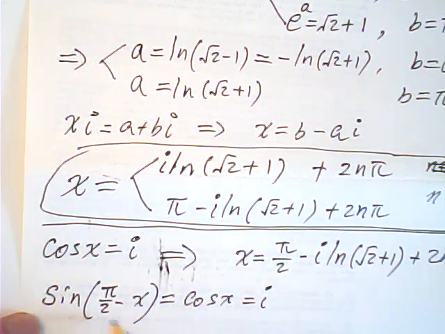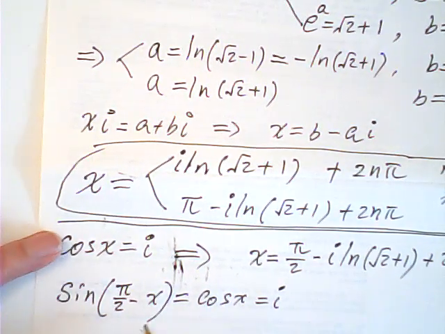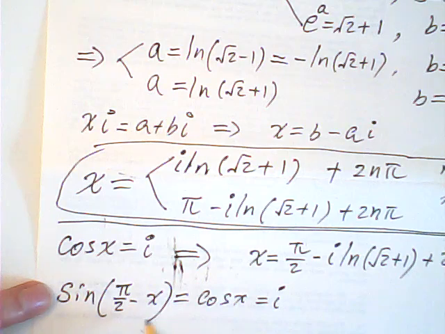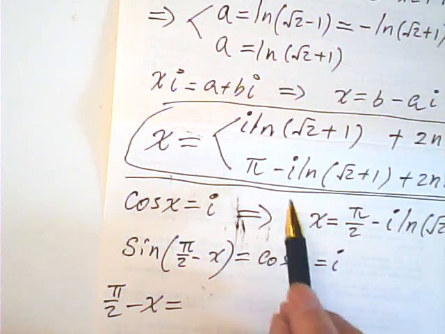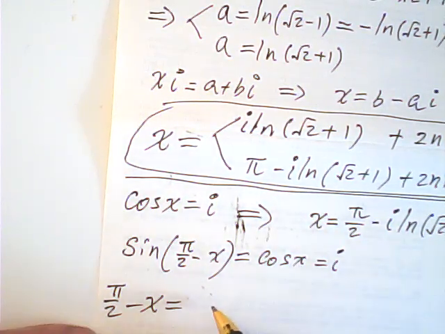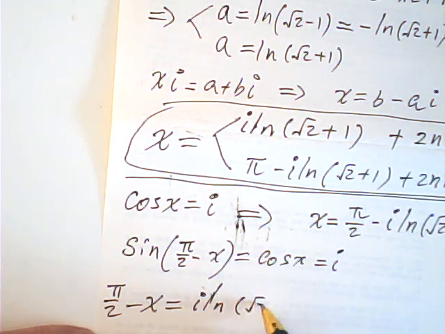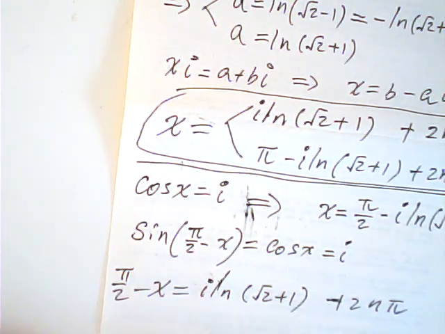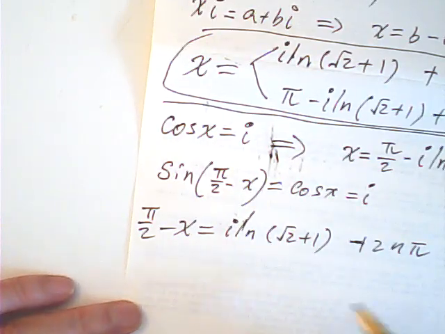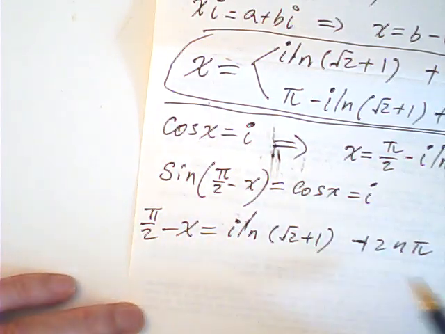So x is equal to half pi minus this, which becomes i natural log root 2 plus 1 plus the multiple. So that's one solution.